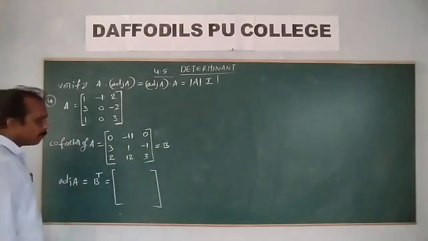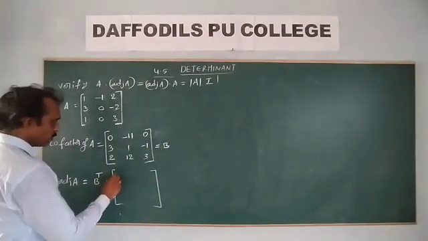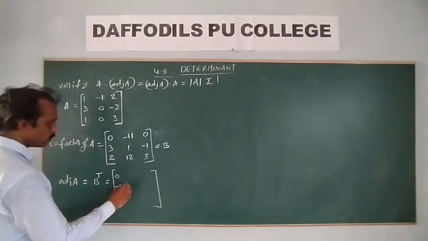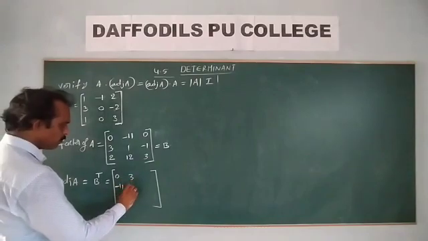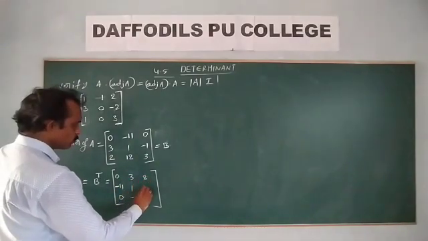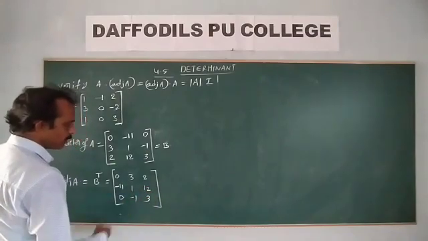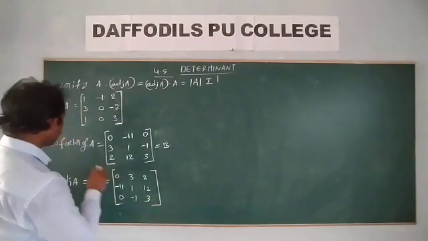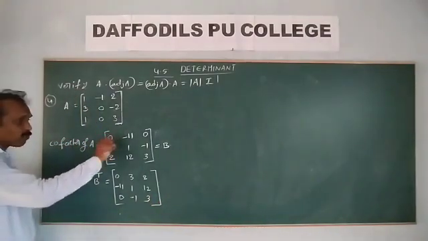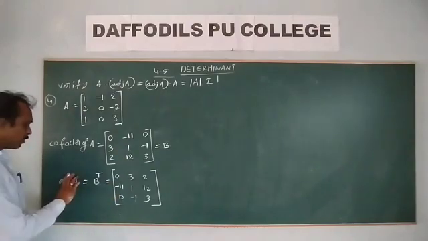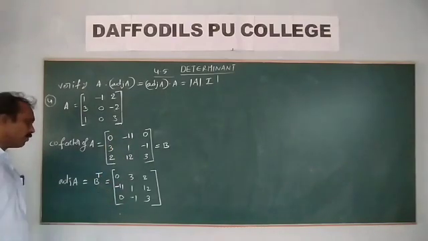What is transpose? Interchange the elements: 0, 3, 2, minus 11, 1, 12, 0, minus 1, 3. So this is the adjoint of A. Adjoint of A is the transpose of the cofactors. This is very important.